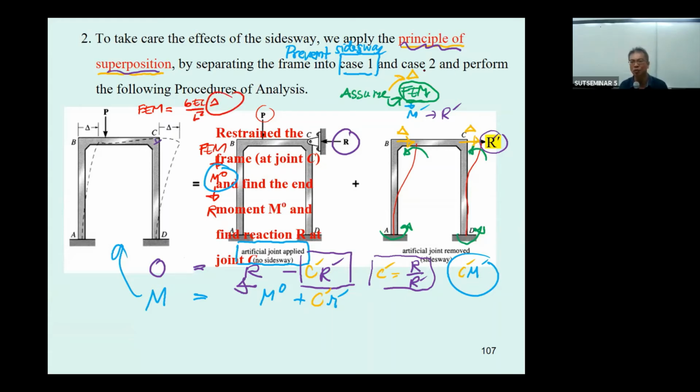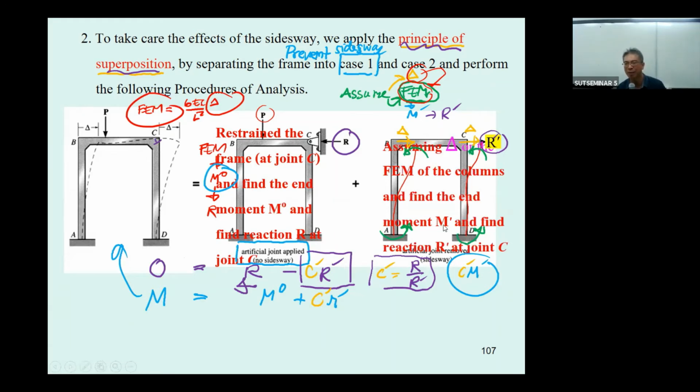If you assume the delta, you still need to compute the fixed end moment. But if you assume the fixed end moment, you get this one directly, and you can do the computation for the M palm. Easier. So we will assume the fixed end moment of the column and find the end moment M palm and then R palm, as I show over here.